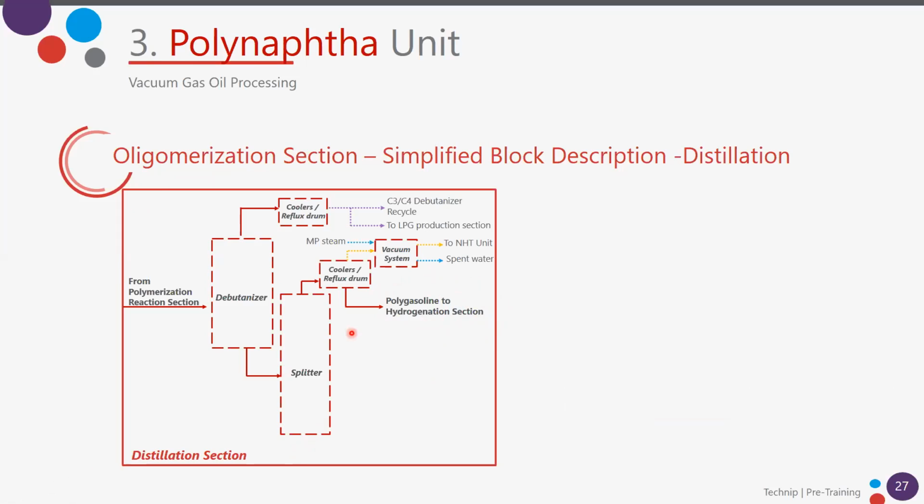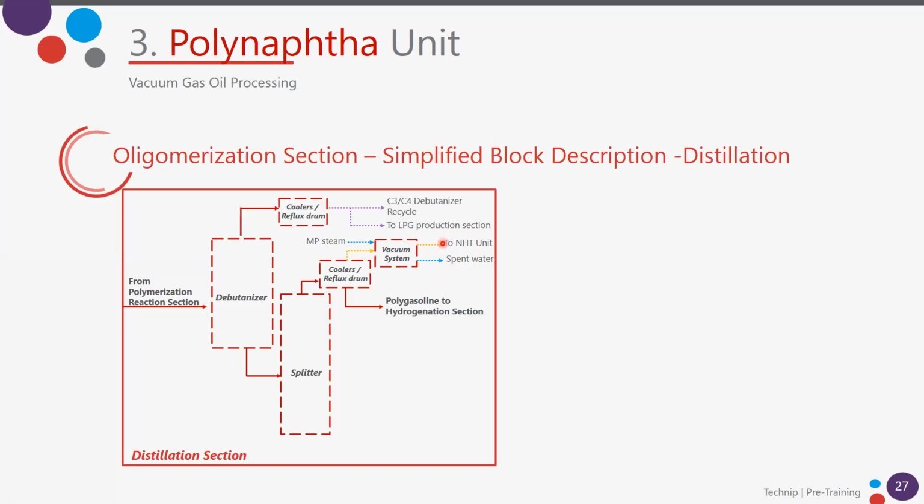And this splitter operates at vacuum conditions. So we have a vacuum system that will keep the vacuum in this unit. We will use some ejectors with steam. We have, of course, some water produced, and we have some lighter stream from this unit, but we will use it as fuel for the heater that we have in the naphtha hydrotreating unit.